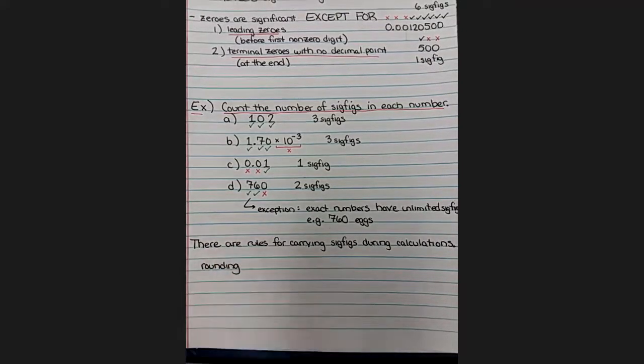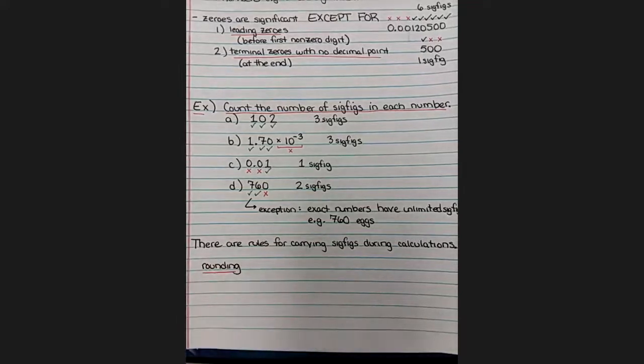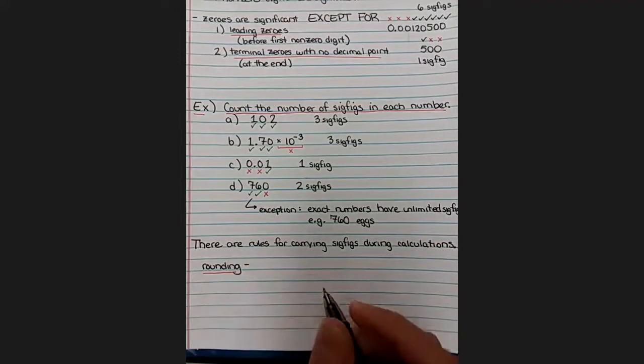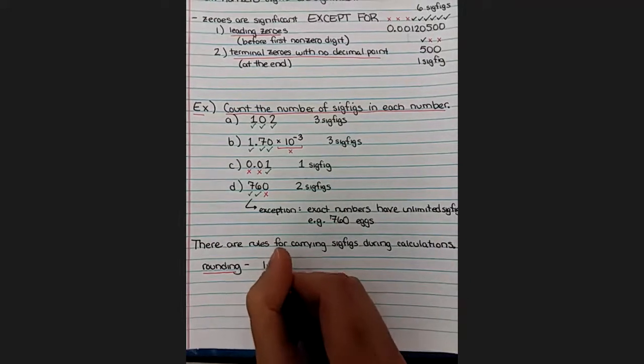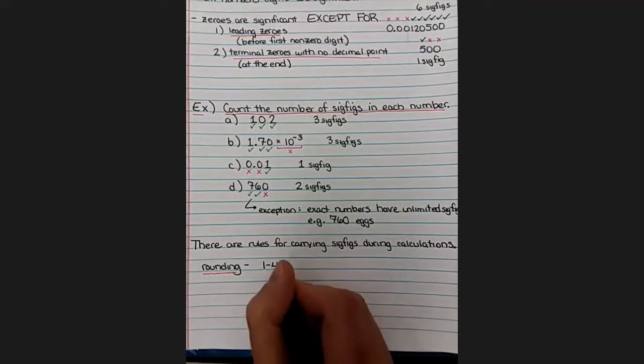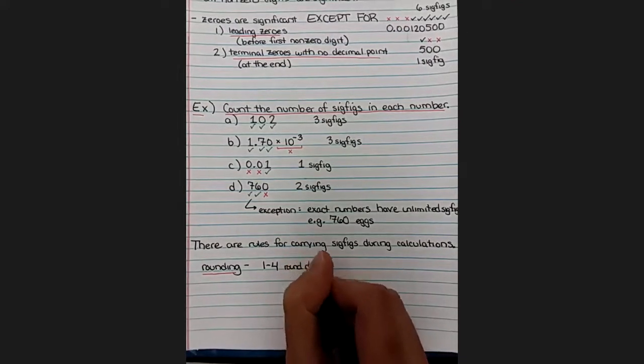So there's 3 rules for when you are carrying numbers around during math. So rounding. If you need to round it up and eliminate some of the numbers from the end of the number, you're going to take numbers between 1 and 4 and round down.